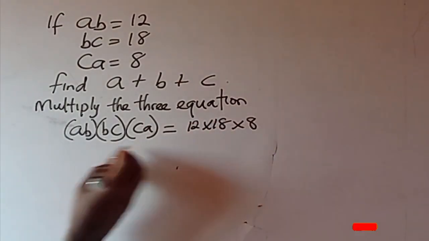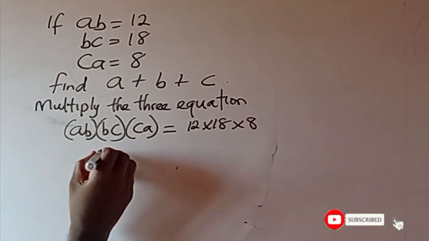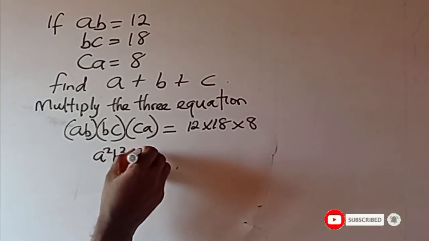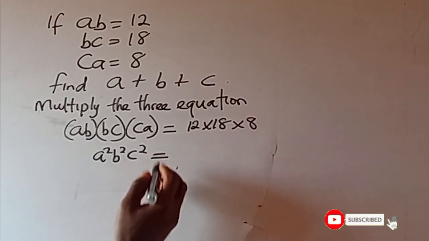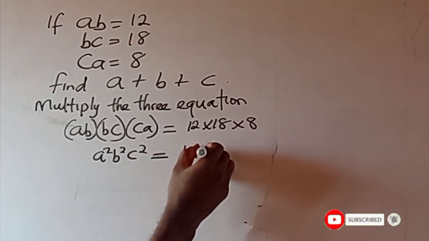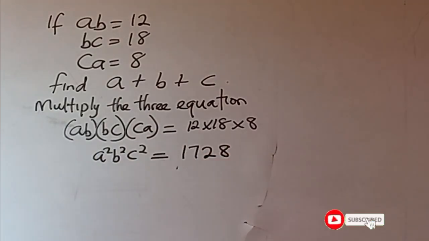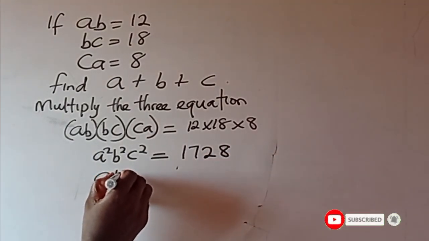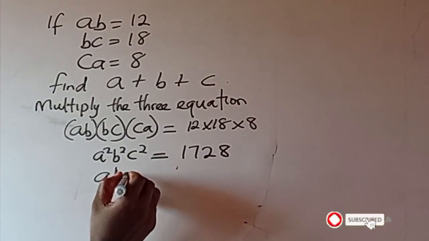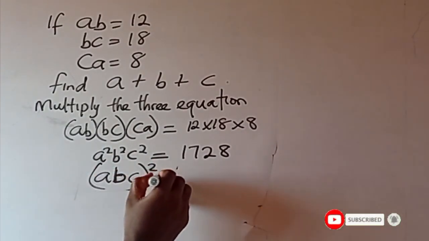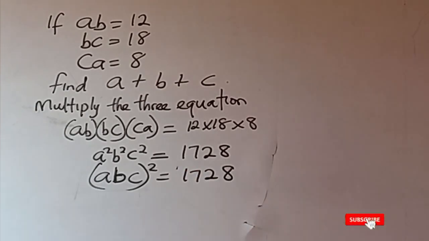So when you have this together, we have A square, B square, C square, equals 1,728. If you times it together, 1,728. So we have ABC all square, don't forget, equals 1,728.